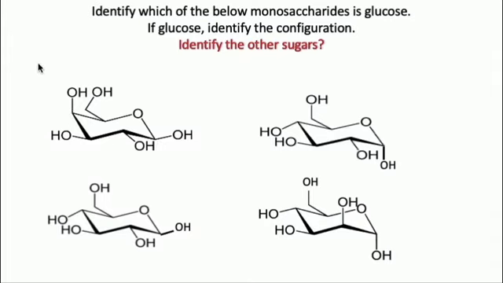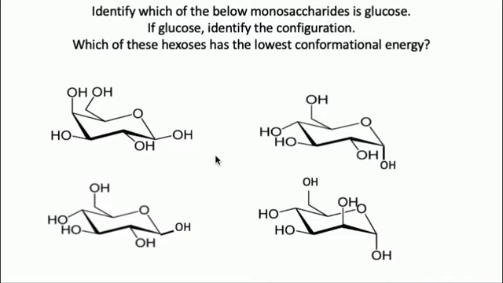So carbon 4, you'll notice, is on the complete opposite side of the ring from the anomeric carbon. And it turns out that the monosaccharide galactose is identical to glucose except at carbon 4, where its hydroxyl has the opposite configuration, which would put it in this axial position.